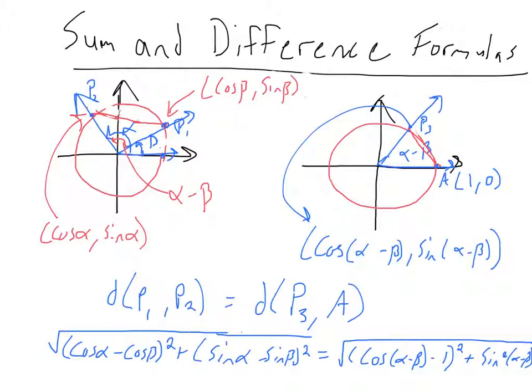What's the first thing you think we could do that would make this a much simpler expression? Square both sides. Yeah, if we go ahead and square both sides, let's do that.